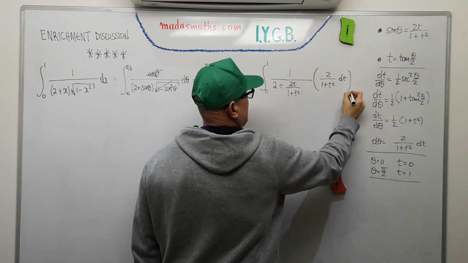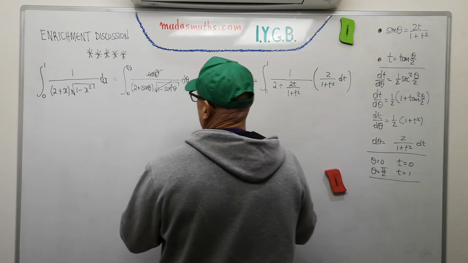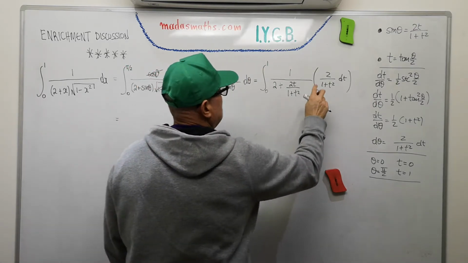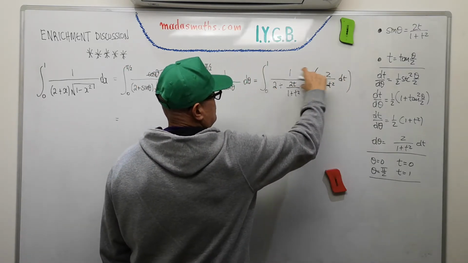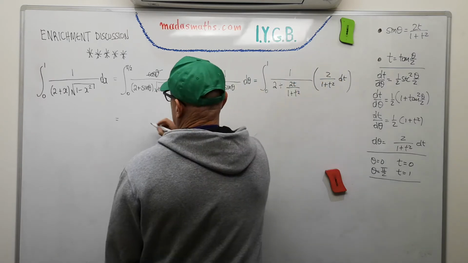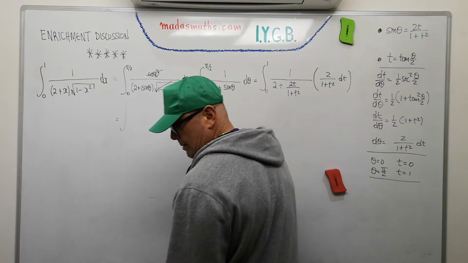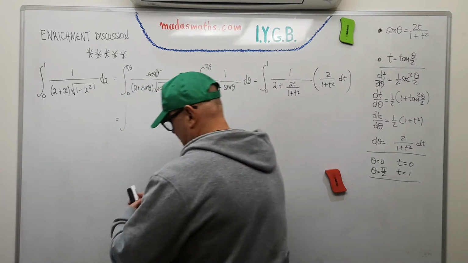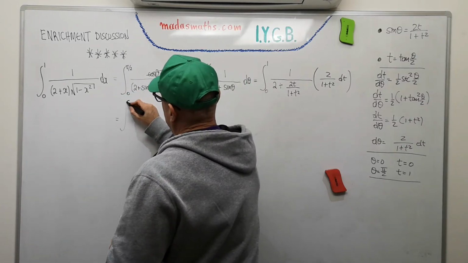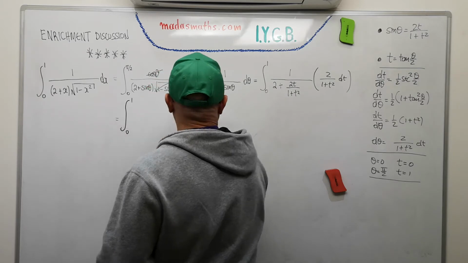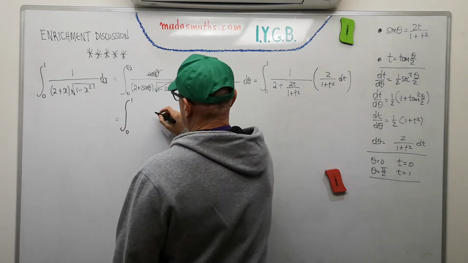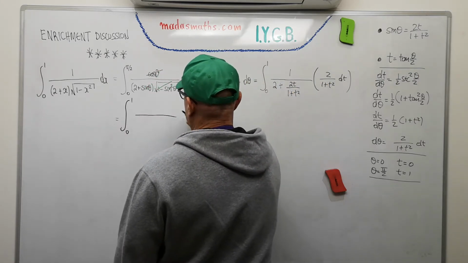So the whole integral has been changed into t's. So let's see what happens. It's 2 fractions multiplying each other, so 1 times 2. Let's change pens as well in the meantime, because this one is dead. So we're having 0 to 1, and we have 2 times 1, or 2 on the top.